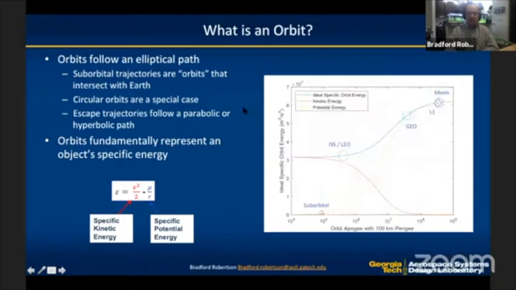All of this is just a fundamental specific energy, and you can see this in both the kinetic energy and the potential energy of a system. Here's an example of the actual specific orbital energies in meters squared per second squared. From the news lately, I'm sure you've seen Blue Origin and Virgin Galactic do some suborbital flights.